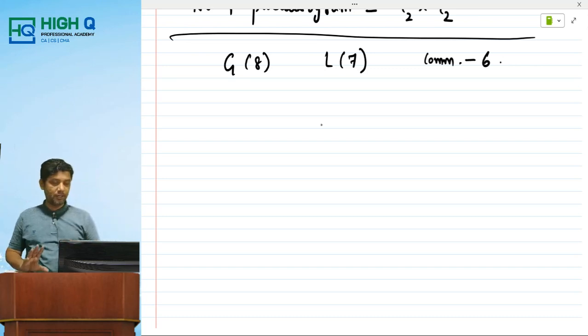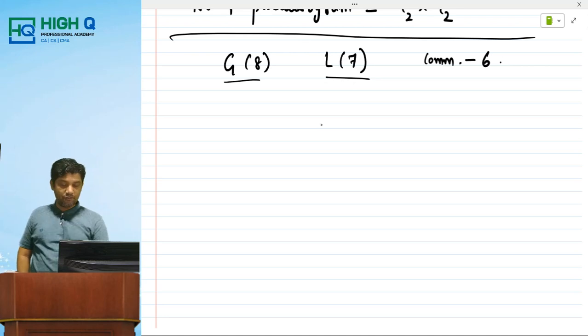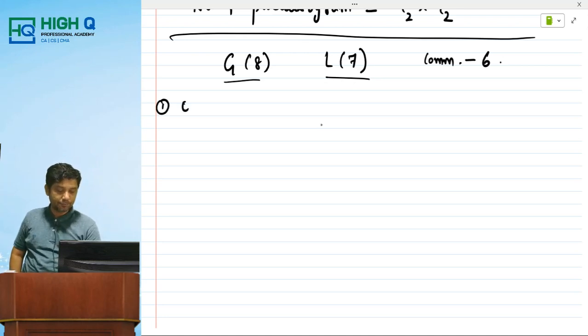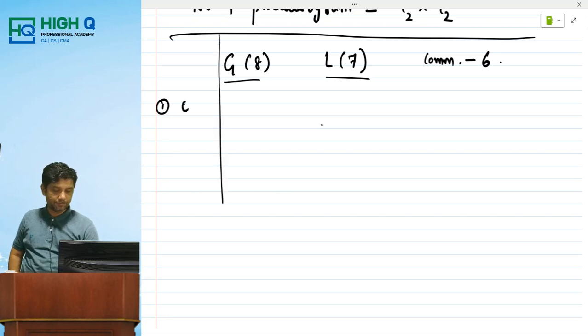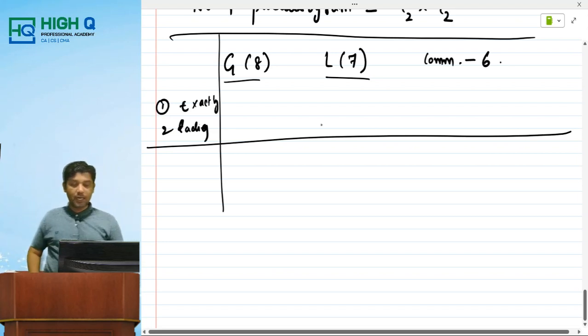Now listen here, my dear. Like this we can draw a table. 8 gentlemen, 7 ladies. The first question is exactly 2 ladies.